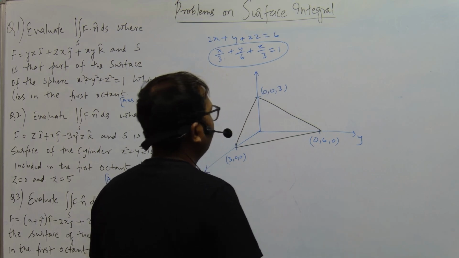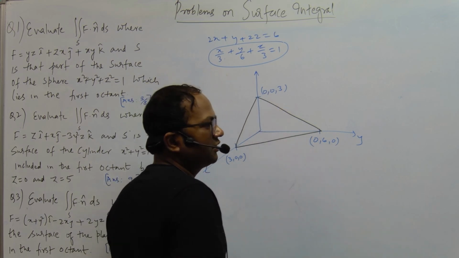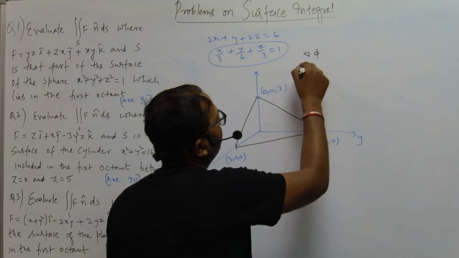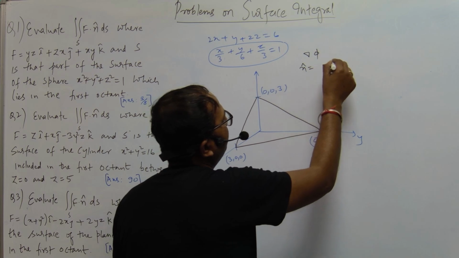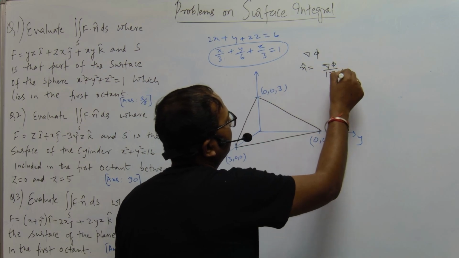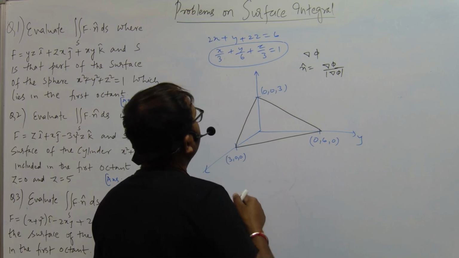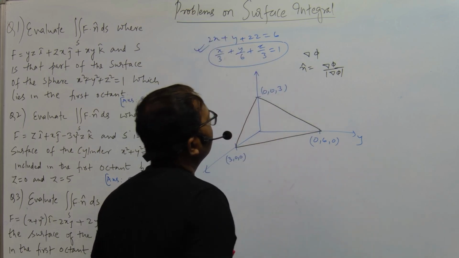Let us find the value of n cap. So n cap is the unit vector along the outward normal. Outward normal is del of phi. So the unit vector will be n cap is equal to del of phi upon mod of del phi. We have the value of phi as this one. Let us find del of phi.